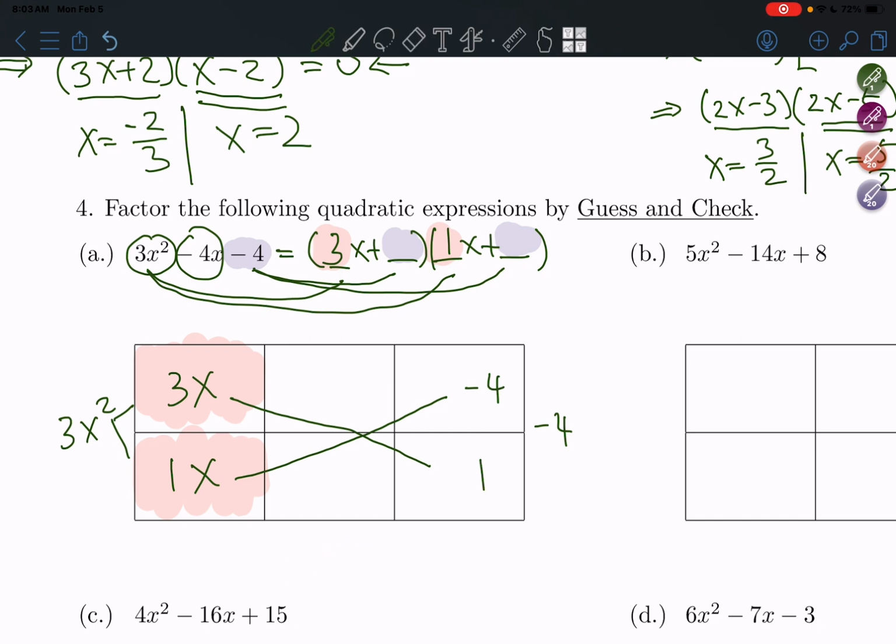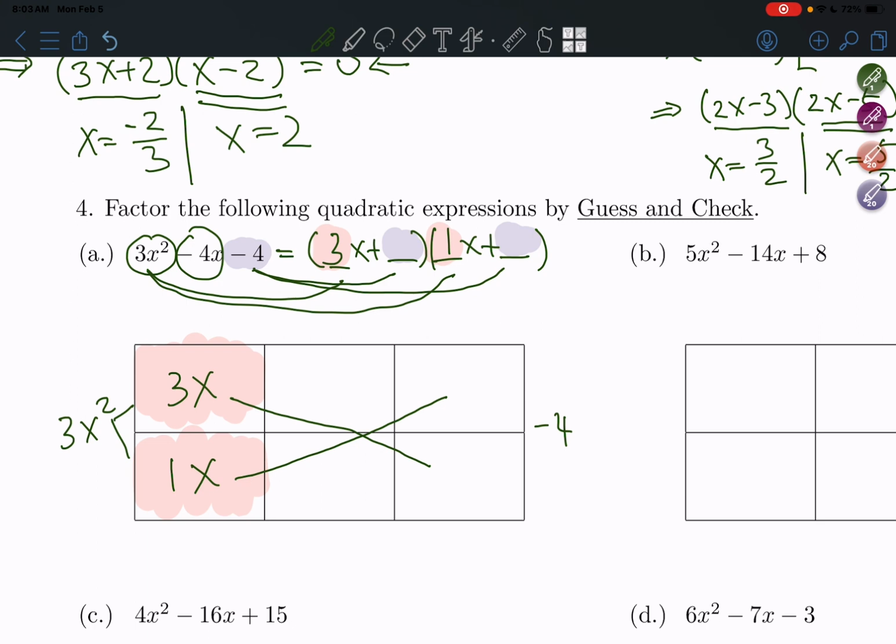3x times 1 is 3x. 1x times negative 4 is negative 4x. If you add that together, you get negative 1x. Again, not the right term that we're looking for. So after trying both of these, I know 1 times negative 4 is not going to be the right choice.